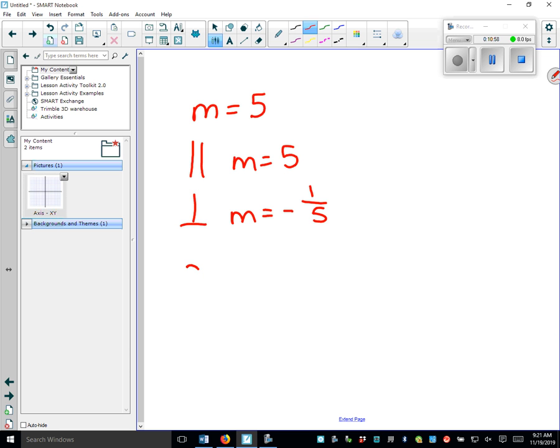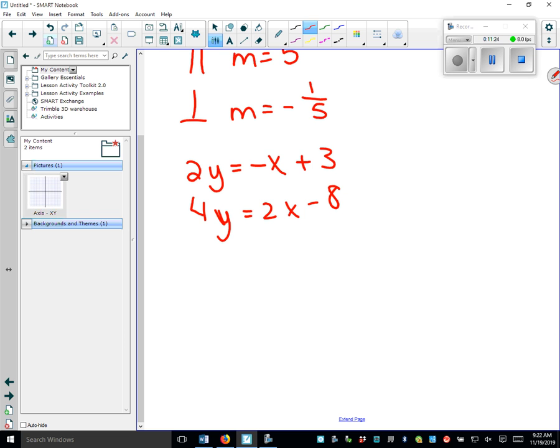My first line is 2y equals negative x plus 3. My second line is 4y equals 2x minus 8.